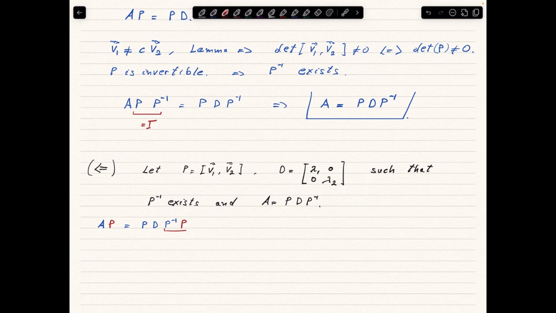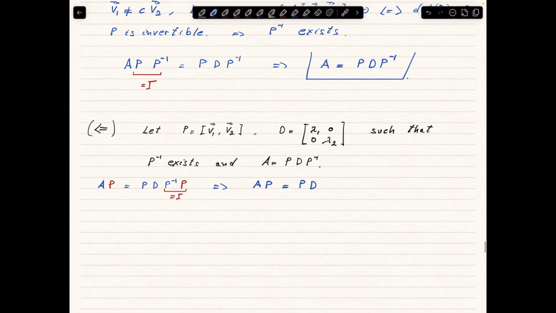Here we are going to obtain an identity. So we know that matrix A times P is equal to matrix P times D. Alright, so we can compute this product A times P, just like we did before.